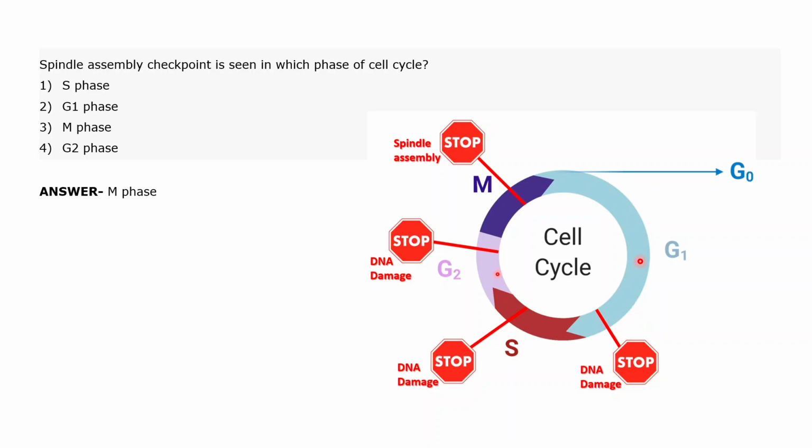So different checkpoints are present that regulate the transition from one phase to another, and these are important in cell cycle and cell division. I hope I am clear, that the spindle assembly checkpoint is specific to M phase. Is there any doubt regarding this?